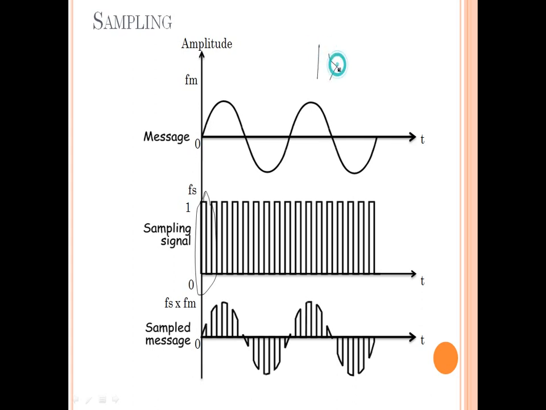So 1 into x is the value of the message signal at any instant of time, so it will give me x, and here the zero values are also there. If I multiply this 0 with any value x, it will give me 0.